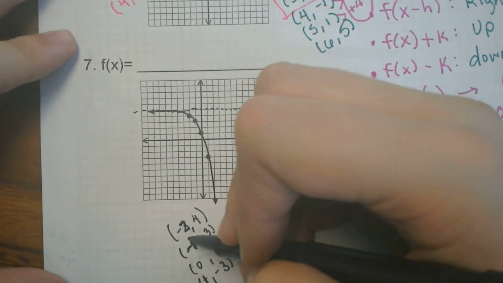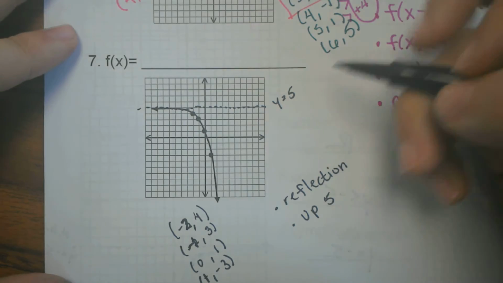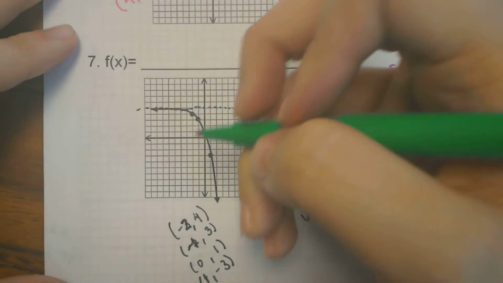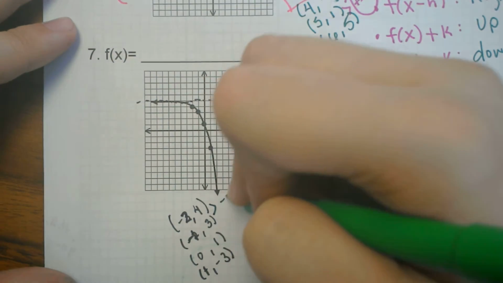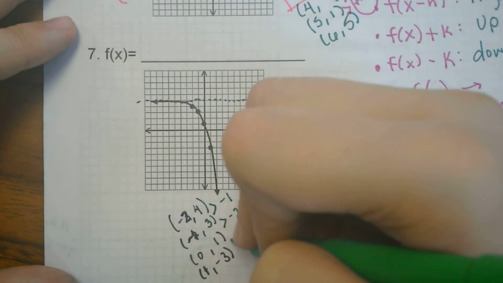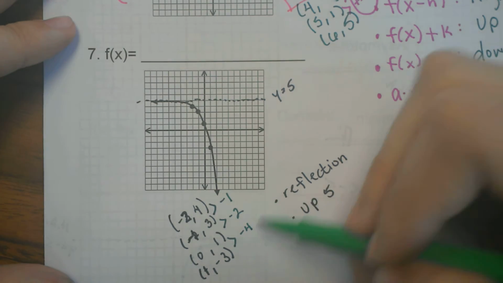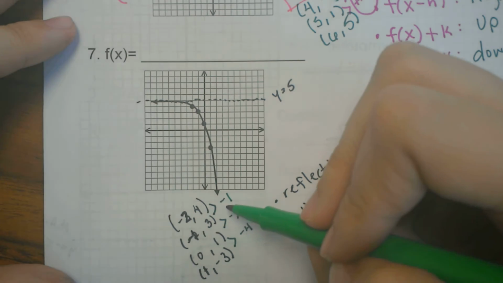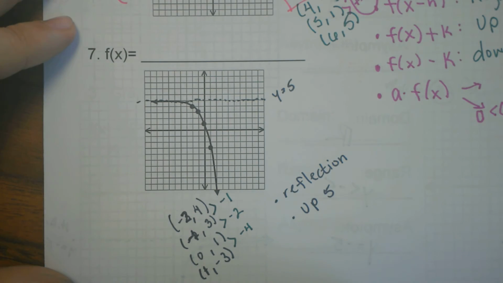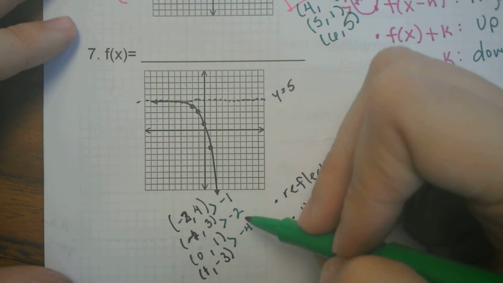It's at negative 2, and that's negative 1. 0 and positive 1. And so I can look at the change and see that there is also a reflection since the changes are negative, but there was no stretch or compression.